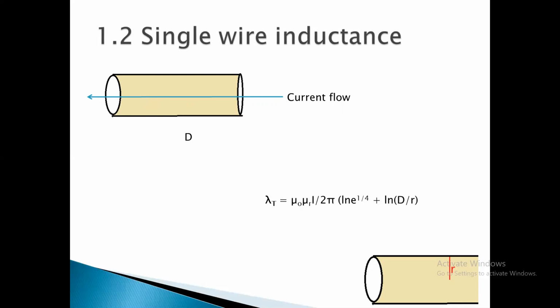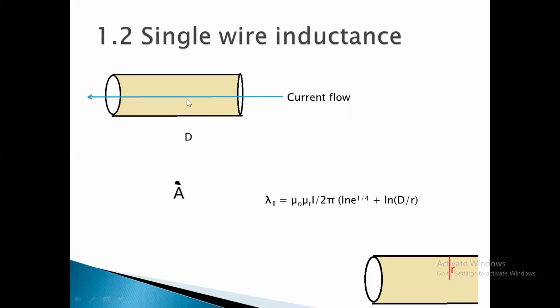After that, we will understand the formulas and the relations of inductance. So there is a conductor, and current is flowing from this side.